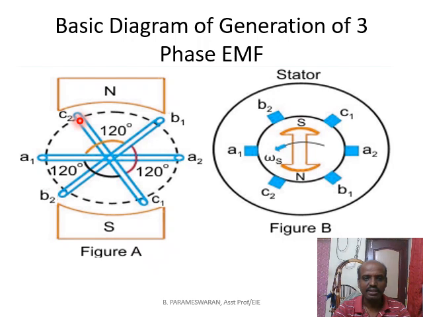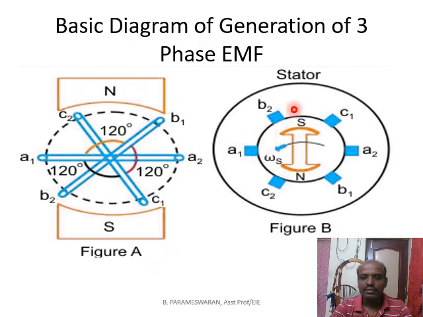These are the three conductors which are placed inside the magnetic field. The placement of the three conductors is 120 degrees apart. You can see that the angle between the A1 A2 conductor and the B1 B2 conductor is 120 degrees, and between the B1 B2 and C1 C2 conductors is 120 degrees.